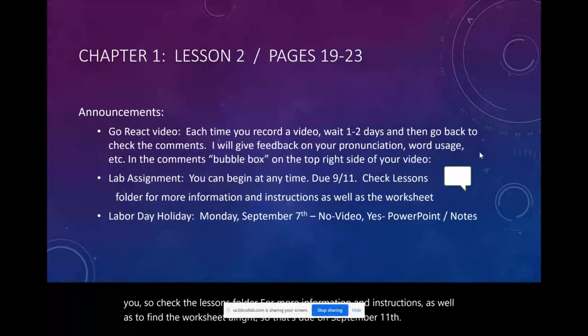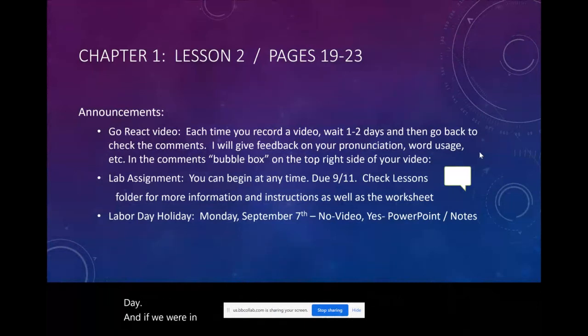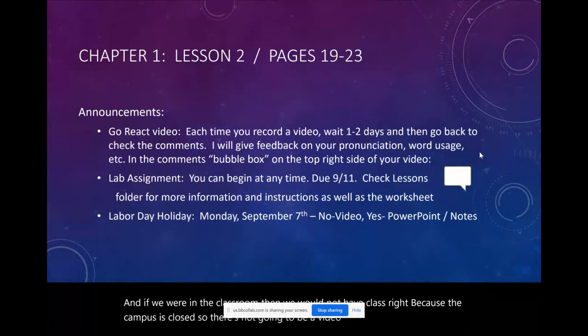And our last announcement today is about Labor Day. Next Monday is Labor Day, and if we were in the classroom, then we would not have class, right? Because the campus is closed. So there's not going to be a video lesson next Monday. What I'm going to do is give you the reading assignment this weekend, and then the PowerPoint and notes.